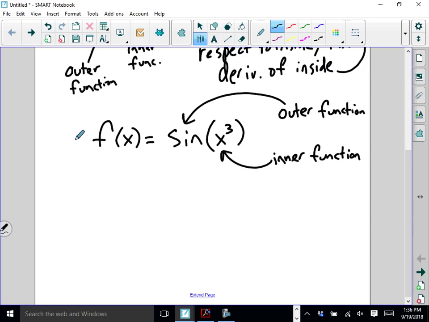Okay? If we wanted to write this as two separate functions and do a composition, think back to your pre-calc days, right?